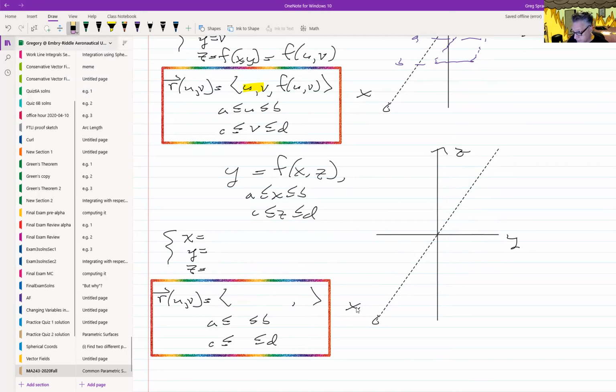Okay, so x goes from a to b, z goes from c to d.